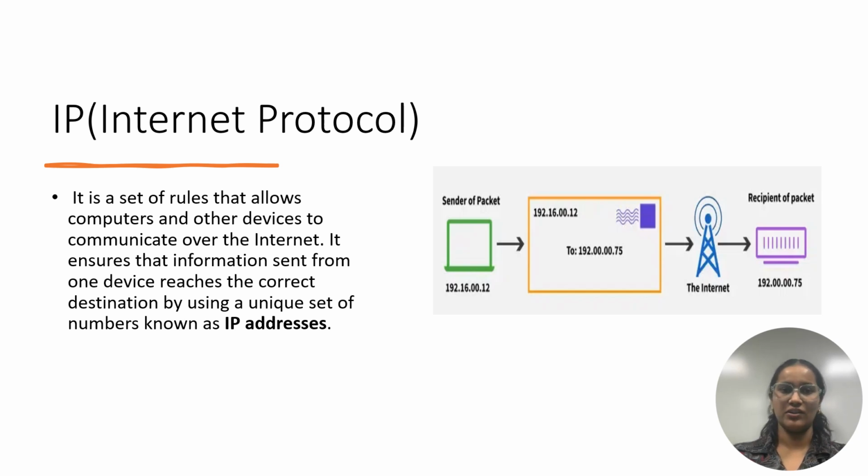Let me give you a real-world example. When you connect to a website, the IP address of the server hosting the website is used to route data to and from your device, which is where the IP protocol is used.